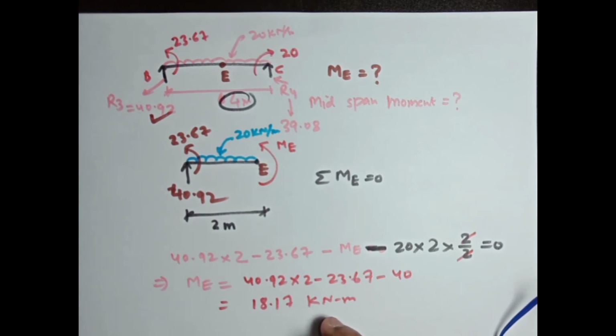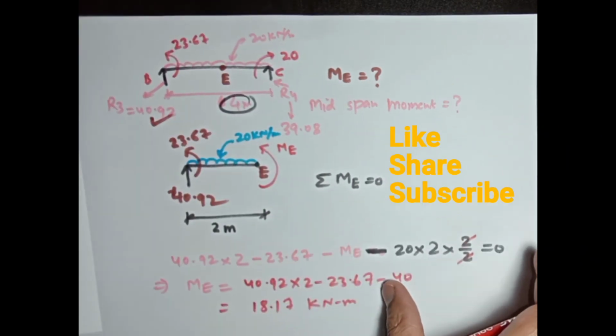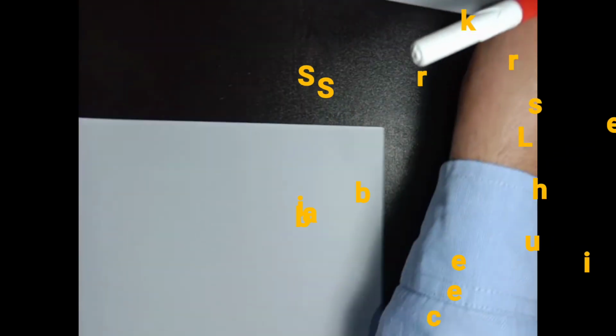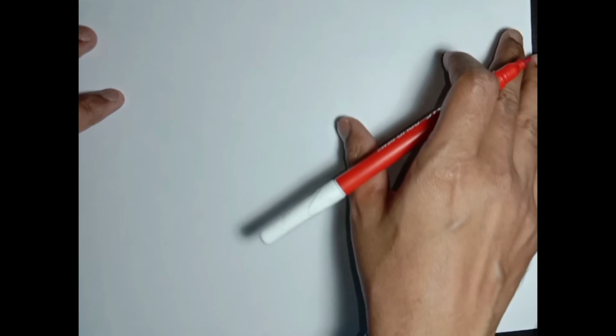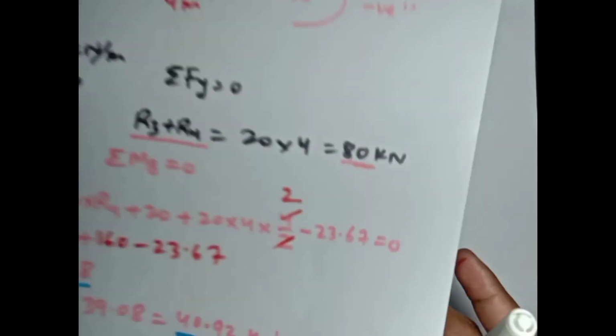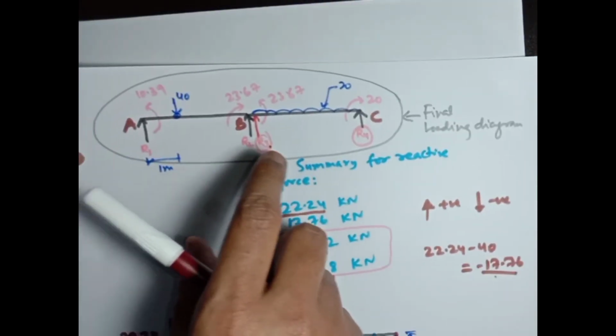Now we have the support moment and the mid-span moment of the two beams AB and BC. So we can draw the bending moment diagram as per the loading diagram. This is our final loading diagram.